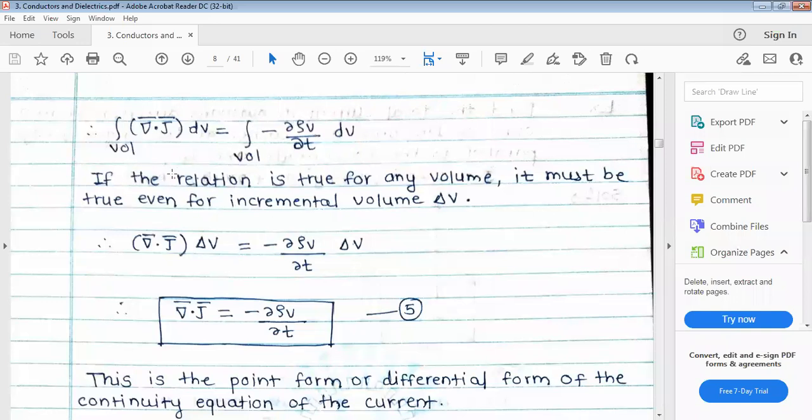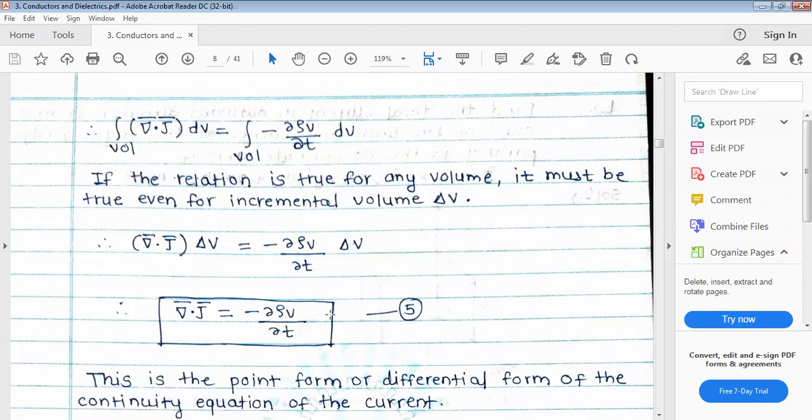So del dot J bar into delta v is equal to minus ∂rho v upon ∂t into delta v, where we are considering a small increase in volume, denoted by delta v. Removing delta v from both sides, we get del dot J bar is equal to minus ∂rho v upon ∂t. And this is the point form of the continuity equation for current.